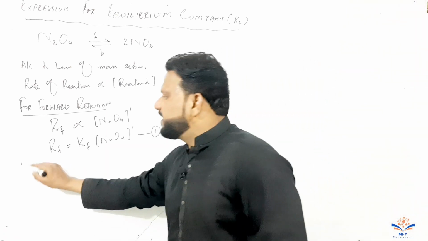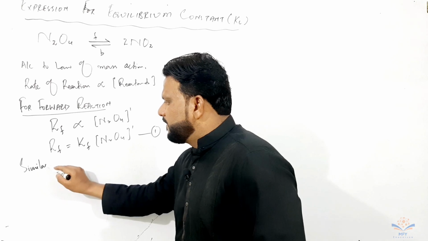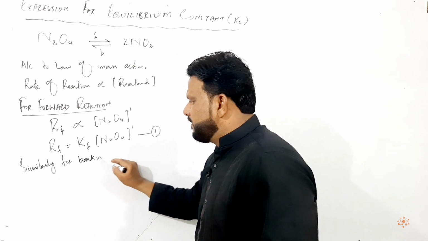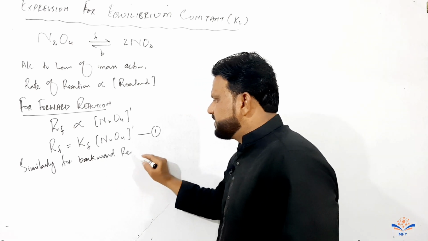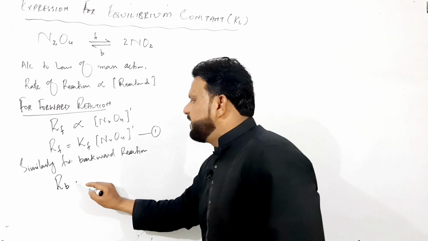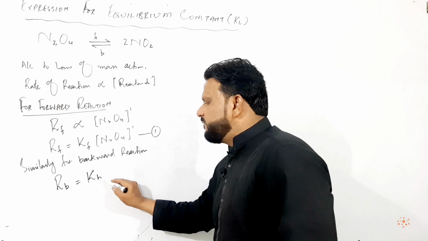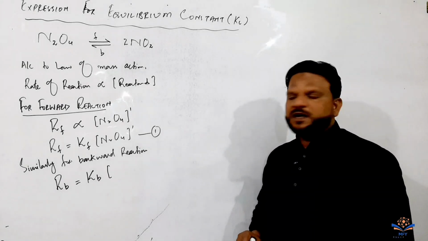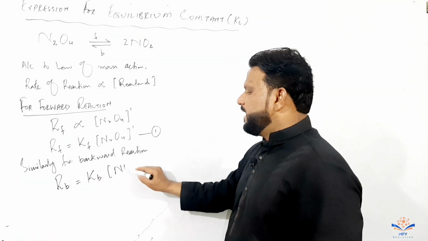Similarly for backward reaction, rate of backward reaction Rb will be equal to constant for backward reaction Kb multiplied by active mass of nitrogen dioxide NO2.